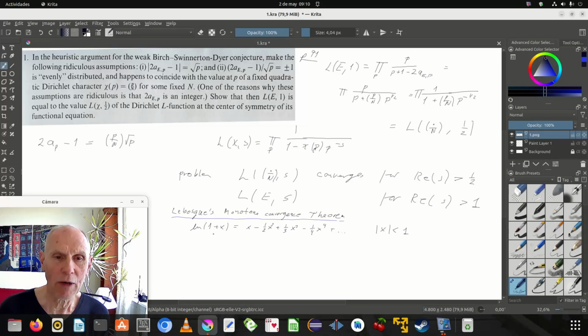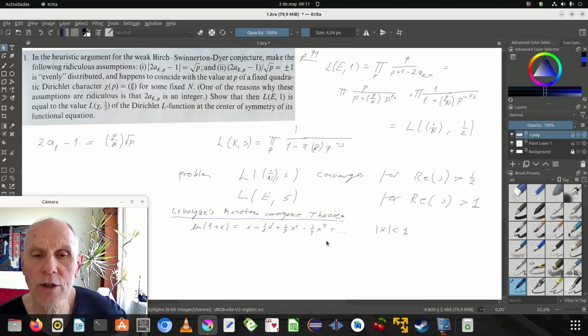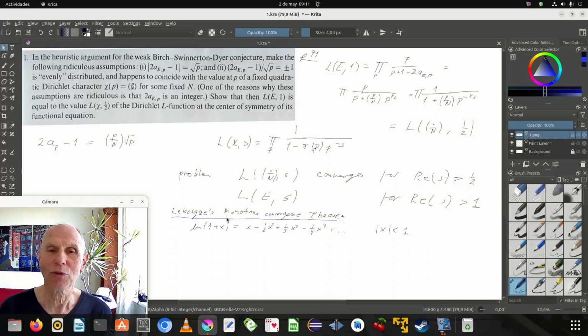Nicely. But how about setting x equal to 1? The point is, it need not be this series, 1 minus 1/2 plus 1/3, etc., that converges to ln 2. Maybe it's some reordering of it. I wasn't able to find out what it was yesterday, but it appears that the solution is Lebesgue's monotone convergence theorem, which I believe we all know. I just didn't realize it was the solution.